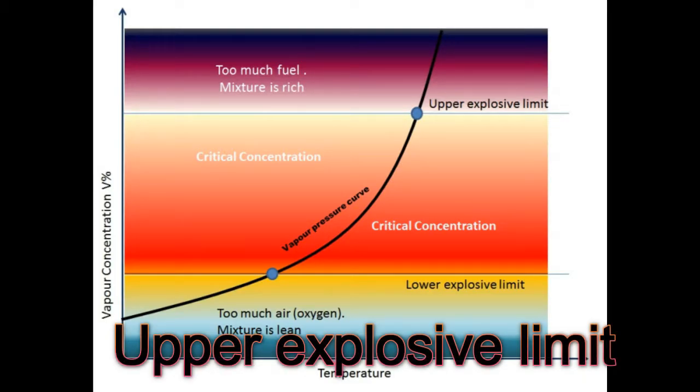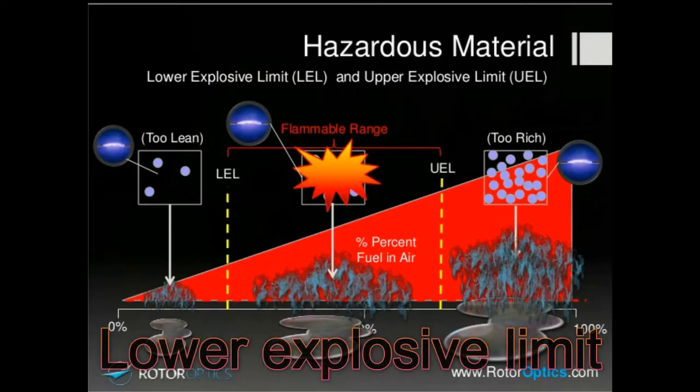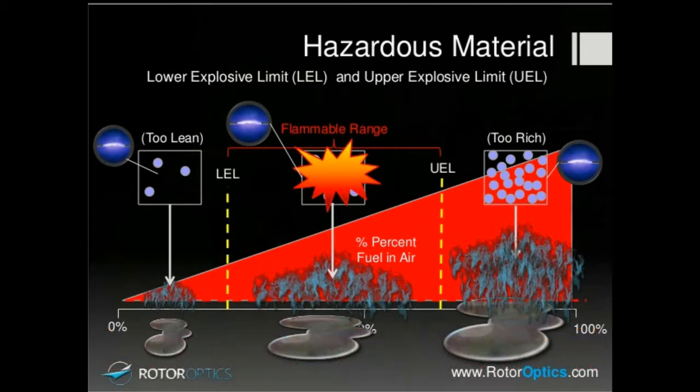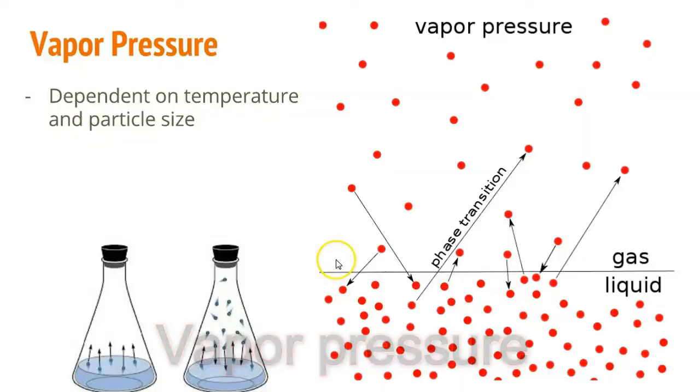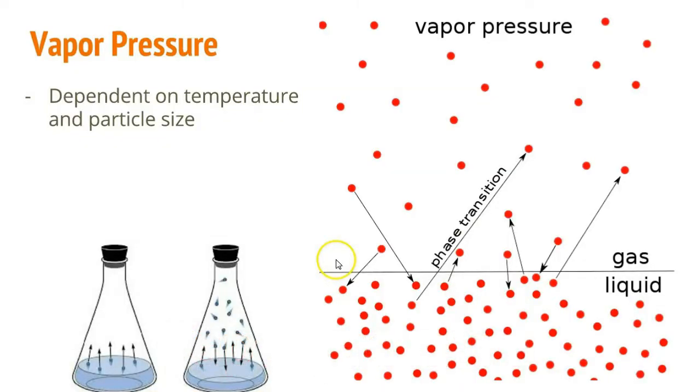Upper explosive limit: 5%. Lower explosive limit: 0.7%. Vapor pressure: less than 5 mmHg at 20 degrees Celsius.